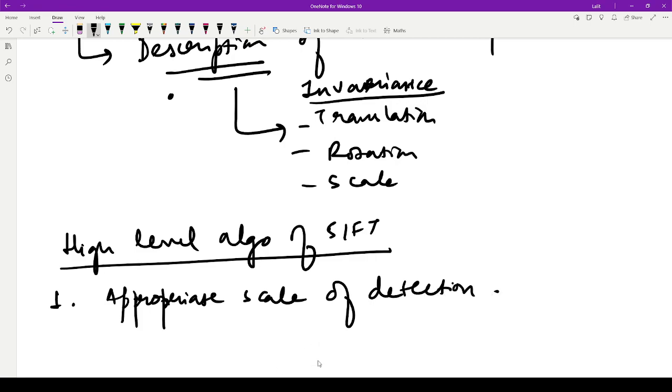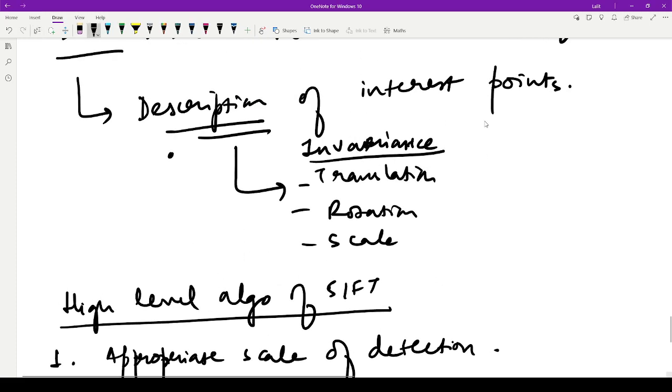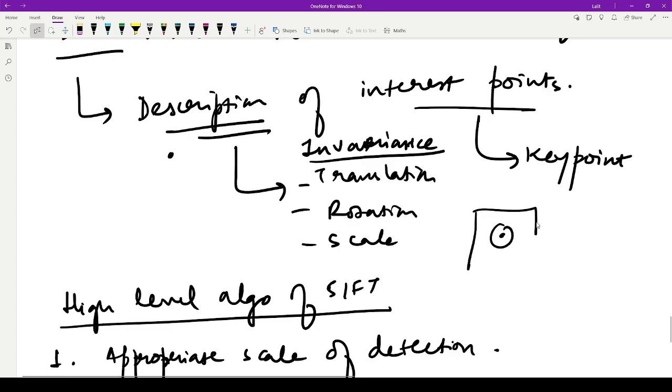If you don't find the appropriate scale of detection, then it may not be invariant to scale. So to make it scale invariant, you have to check for different scales what is the actual scale of the key point. We call these interest points here key points in the specific context of SIFT, since we are only concerned about the points, pixels out there, and not the whole image.